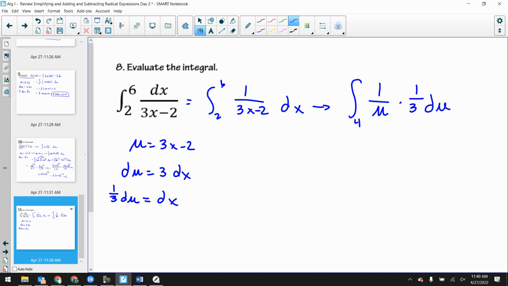Times. 6 y 3 es 18. Menos 2 es 16. I'm confused now. 3 times 6 is 18, minus 2 is 16. And now we can evaluate that, right? Now we don't even have to plug x back in.